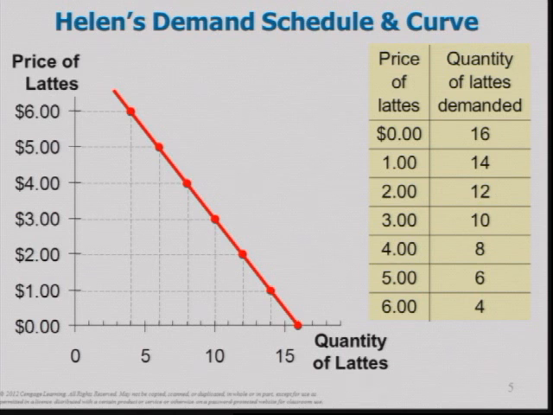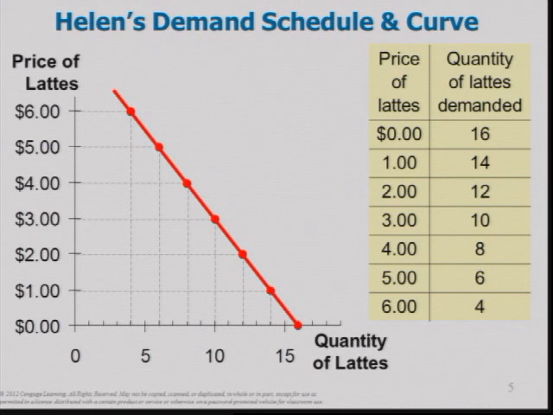But in this principles level class, it's perfectly fine to have a straight line, as long as you have something that is downward sloping to the right, representing an inverse or negative relationship between price and quantity. I know it's called a curve, but a straight line is perfectly fine.